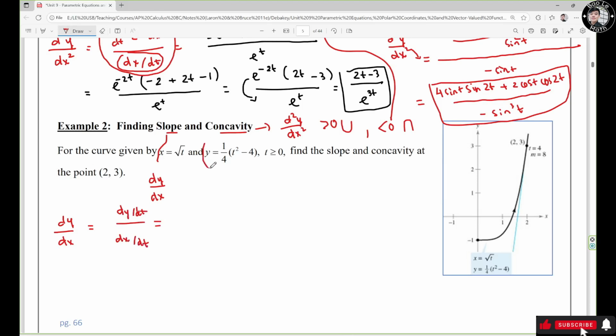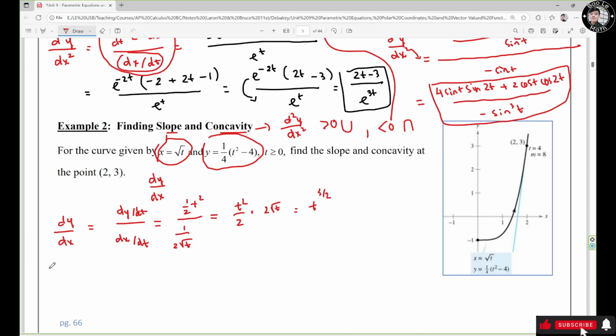You're going to take the derivative of this one with respect to t, which turns out to be 1/2 t squared, over the derivative of this one with respect to t, which is 1 over 2 square root of t. So this turns out to be t squared over 2 times 2 square root of t, which is t to the power 3/2.